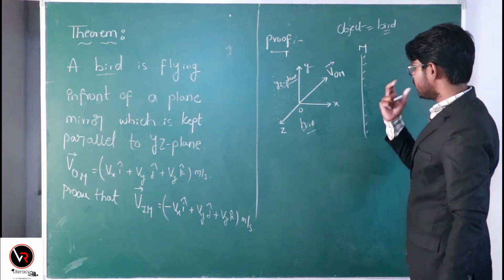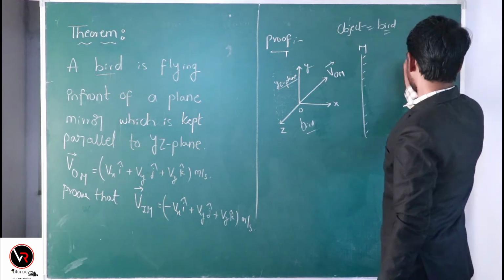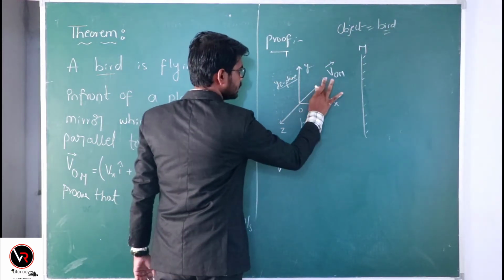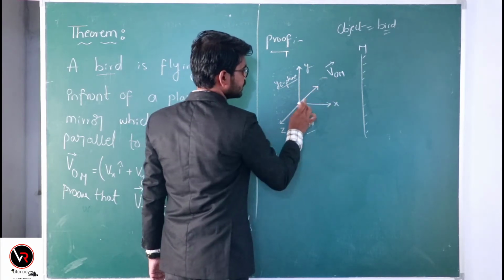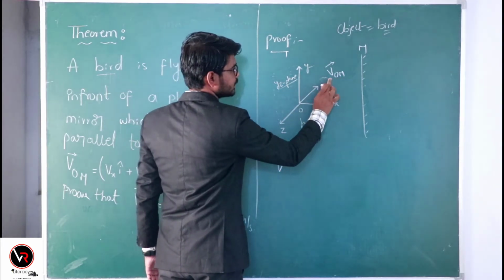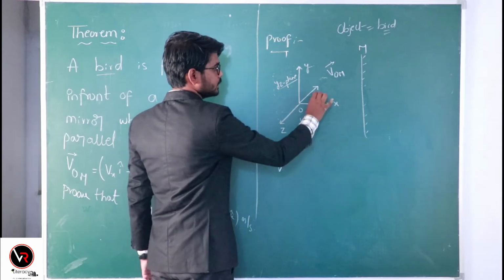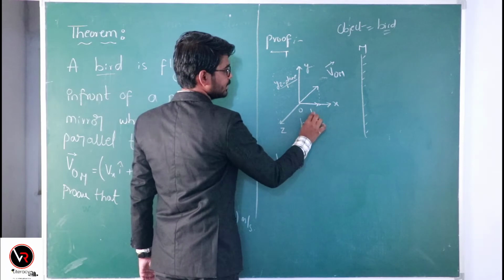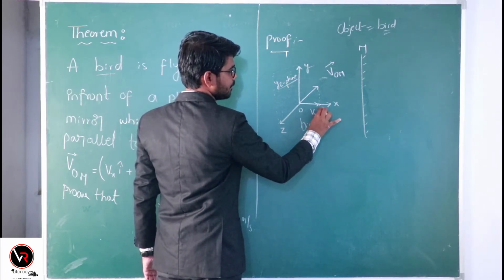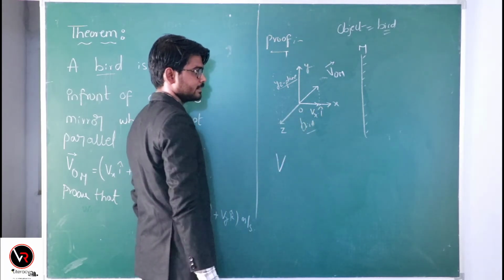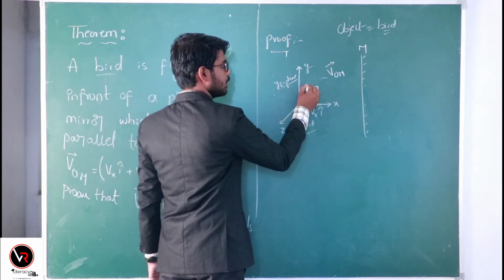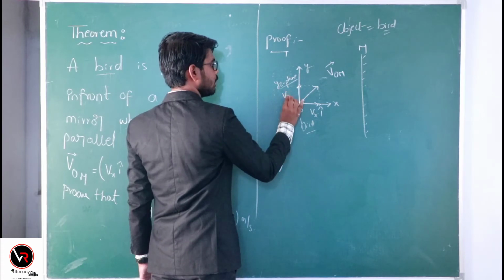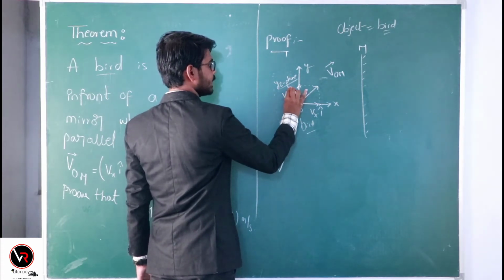In this case, the velocity of the bird with respect to the mirror is V_om bar. If you drop a perpendicular, it has covered some velocity along the x axis, that is Vx, and i cap denotes the direction along the x axis. If you drop a perpendicular onto the y axis, it has some velocity along the y axis, Vy j cap.